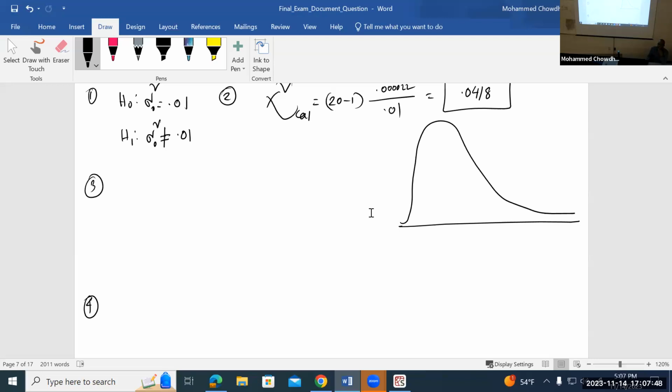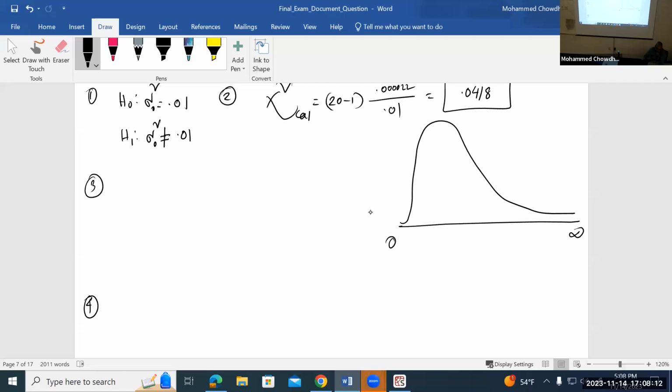Chi-square distribution is not symmetric. Normal and T are symmetric. Chi-square is not symmetric. Normal and T go from negative to positive. At the middle, it is 0, 50% to the left of 0, 50% to the right of 0. But chi-square starts at 0 and ends here.